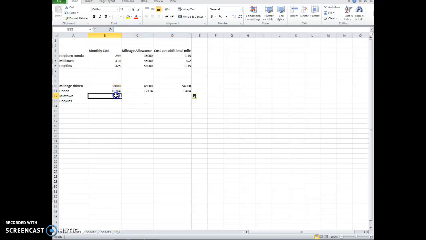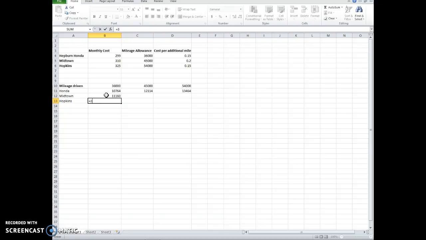And then for the others, it's a little bit more complicated. Because at 36,000 miles, you're not above the mileage allowance, so we don't actually need anything more complicated for the additional miles. So for this one, we can just put 310 times the 36, because she's not going to drive any additional miles. And same for Hopkins, in the B13 and C13 cells.